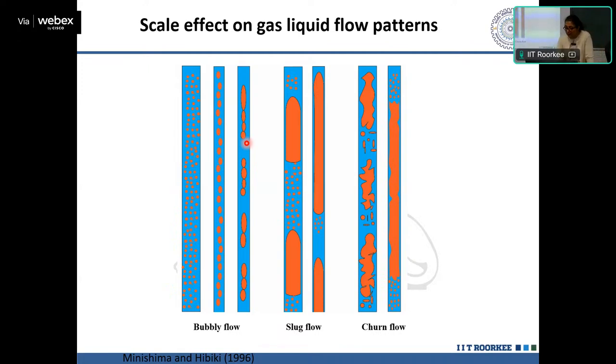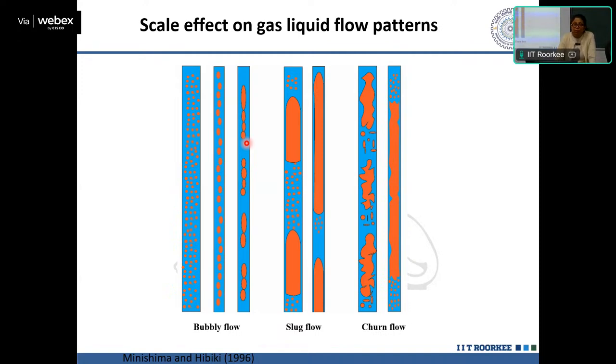Similarly, what happened in the slug? In slug flow we have seen a slug followed by small drops, small drops in the liquid bridge. From the tail of this, some drops are detached, forming dotted droplets over here, and they are gradually becoming longer.